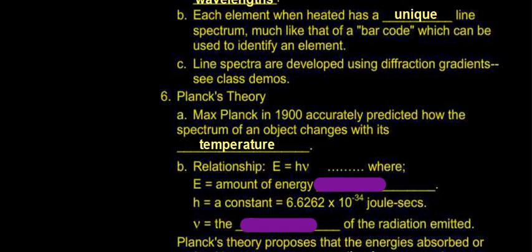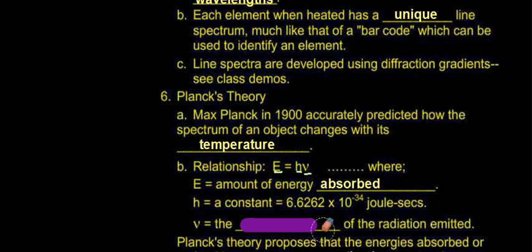If you turn on your electric stove with all the lights out in the kitchen, you'll see your electric stove start to get red, and even to orange, and that color is characteristic of the temperature of your stove. Now, it can't really get hotter than that orangish color, but it also gives off light that is commensurate with that amount of energy. Okay, and here's the relationship: the amount of energy given off equals h nu.